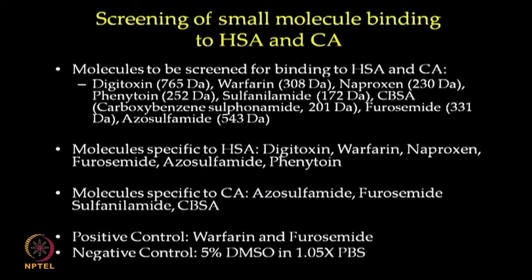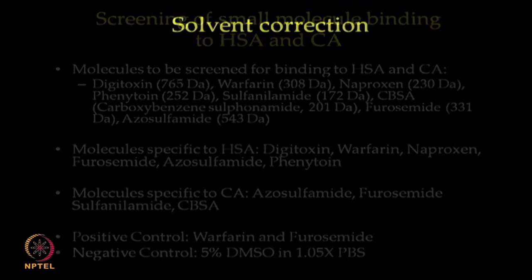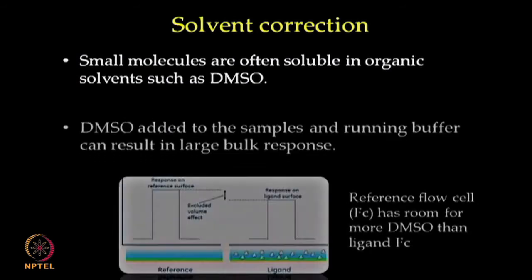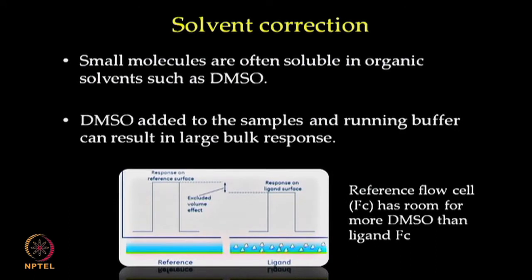We will also use 5% DMSO in running buffer as a negative control. Since small molecules are often soluble in organic solvents such as DMSO, and so are these drug molecules, it can result in large bulk responses since the reference flow cell has room for more DMSO than the active flow cell with ligand.